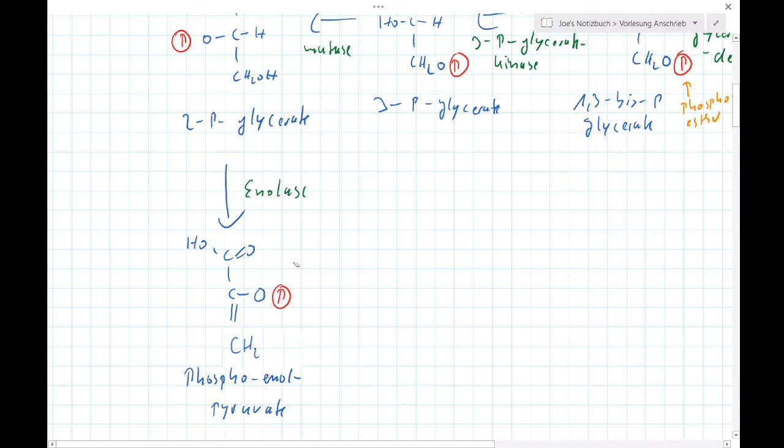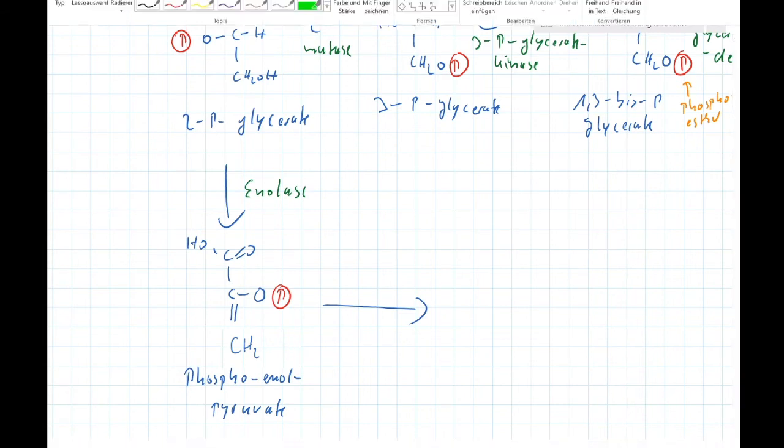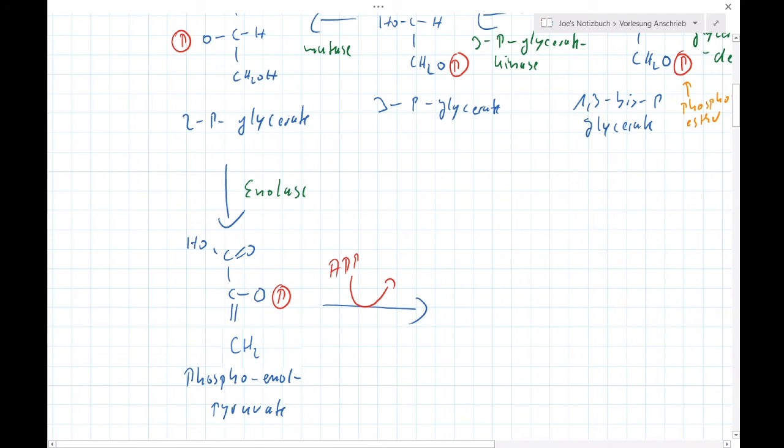And therefore, we can use this energy from this bond to transfer the phosphate to ATP. So let's do it. What we do now is we give the phosphate to ADP, so we produce ATP. At the C1 nothing happens, we still have our carboxyl group.